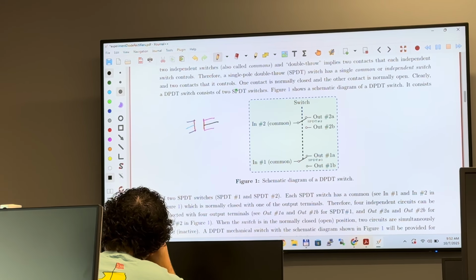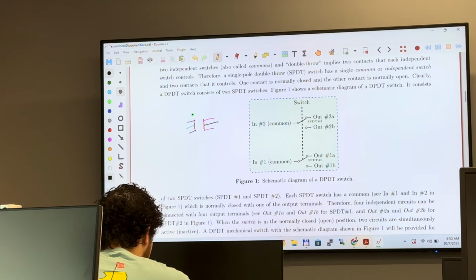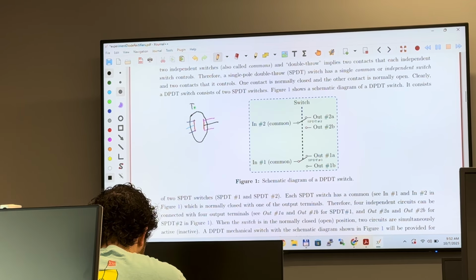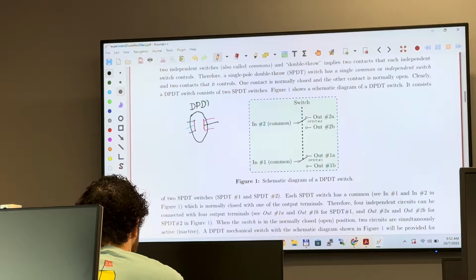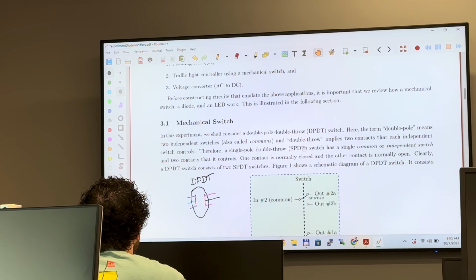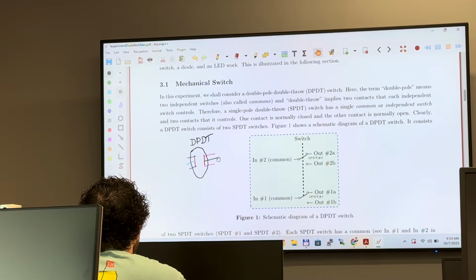Okay? So this is basically a DPDT, double pole, double throw switch. So I did mention here, you will have to read about the double pole, double throw switch, which means that we have two inputs and two outputs. So we have two sides here.